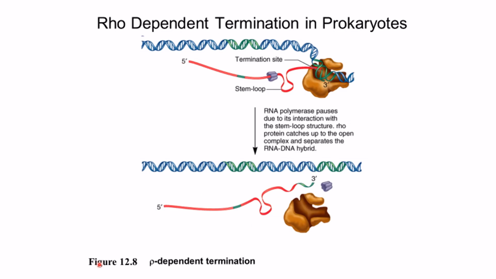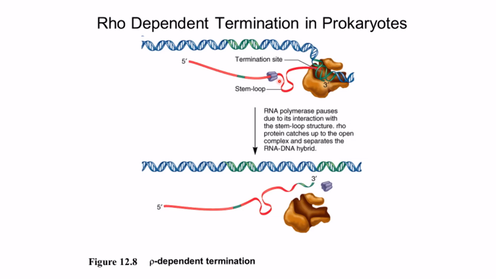In rho-dependent termination, as we have now just discussed, the rho protein first attaches to the RUT site, then tries to move forward in the 3' direction. At that point of time, within the newly synthesized mRNA molecule, a stem and loop-shaped structure is formed.